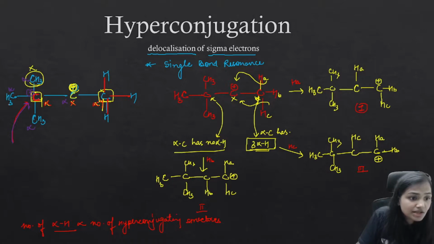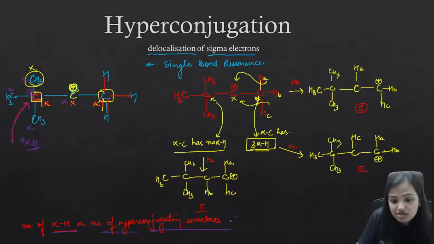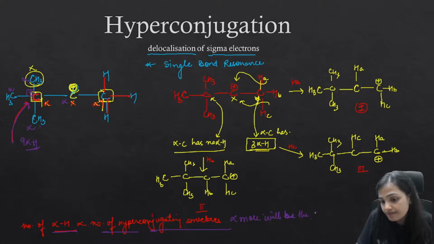So for this carbon there are so many alphas, and over the alpha there will be so many hydrogens. So 3 hydrogens, 3 and 3, 6 and 3, 9 means 9 alpha hydrogens. I told you, the more the number of alpha hydrogens, the more hyperconjugating structures and the more the stability. You please write, more will be the stability.